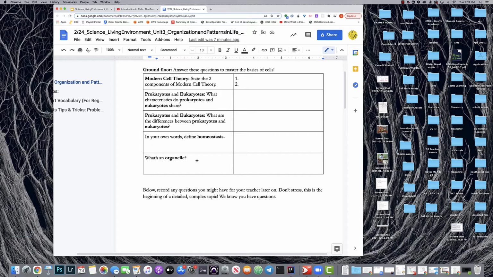So by answering this handful of questions initially, a student will get a grapple on how to differentiate the two basic types of cells, how to relate their function back to the idea of homeostasis, and then how to take the lens and move in a little bit closer and look at the components of a cell and why they're important.